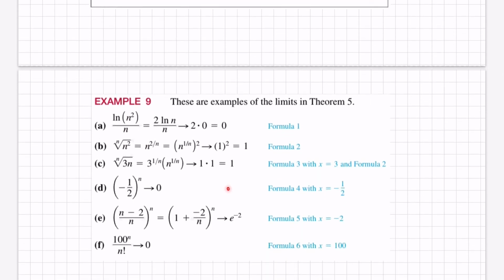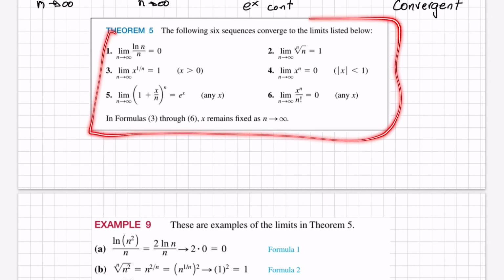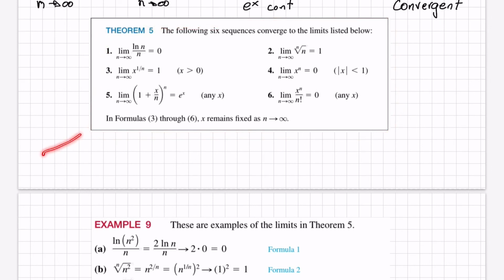So these are examples of these limits. You see, the limits here are given in general. So you can use this theorem to just say that the limit of the nth root of n is 1. But you can also say it as long as the absolute value of x is less than 1. If you have 1/2, 1/3 there, you would just say, okay, that limit is 0.